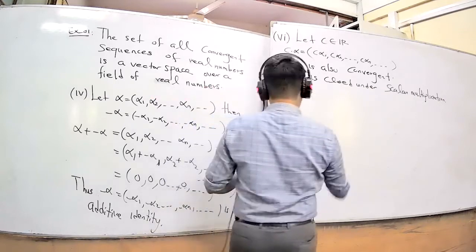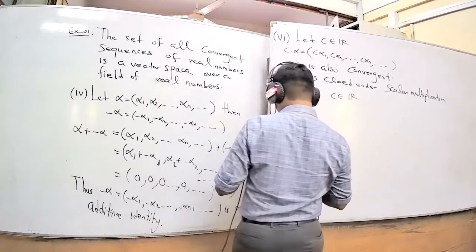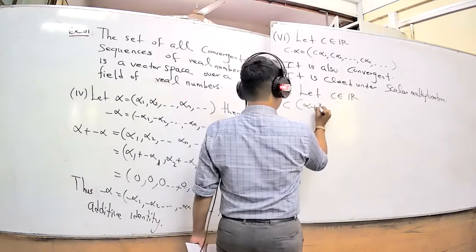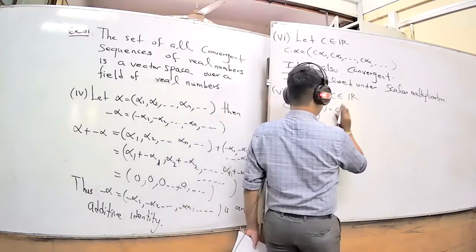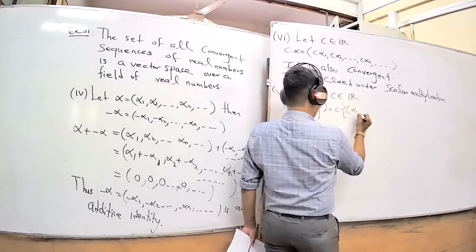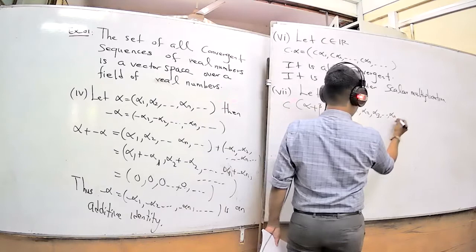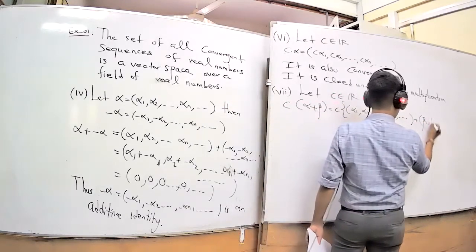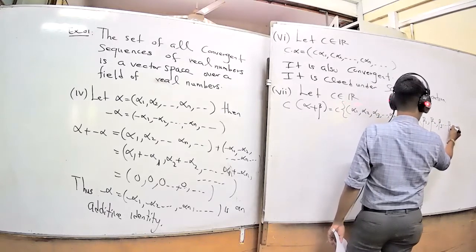Next, axiom number 7. Let c belong to the real numbers and take two vectors, c times (alpha plus beta). Alpha is alpha 1, alpha 2, alpha 3 and so on up to alpha n, plus beta 1, beta 2, beta 3 up to beta n.